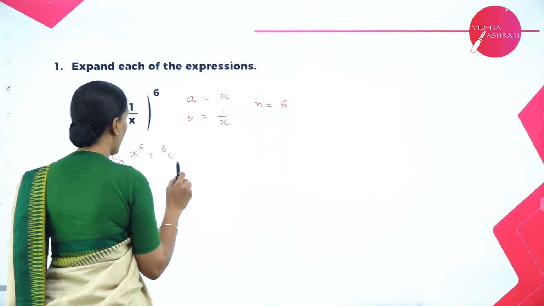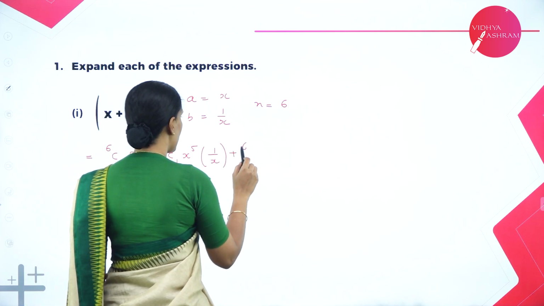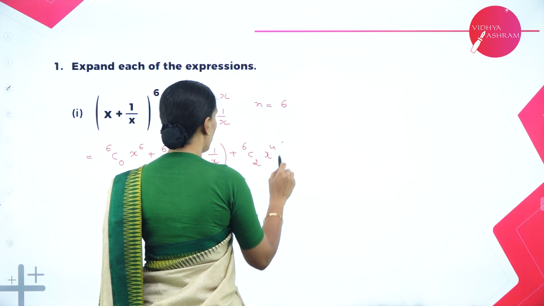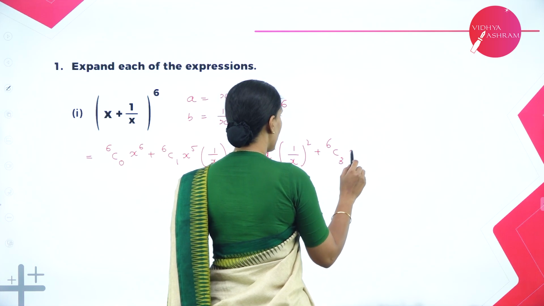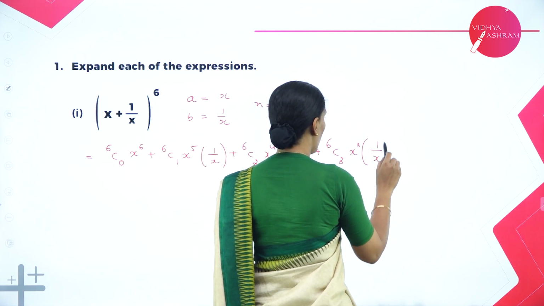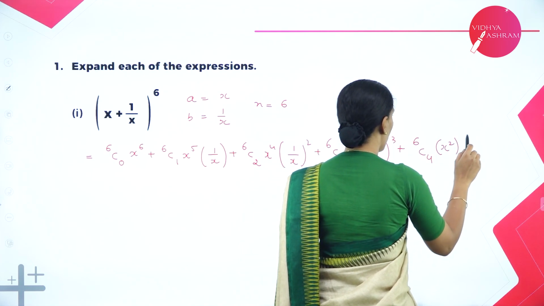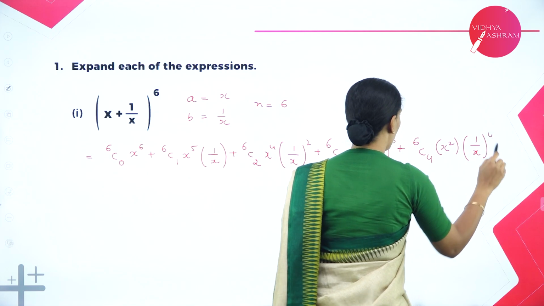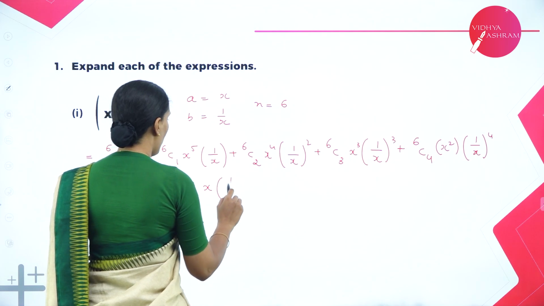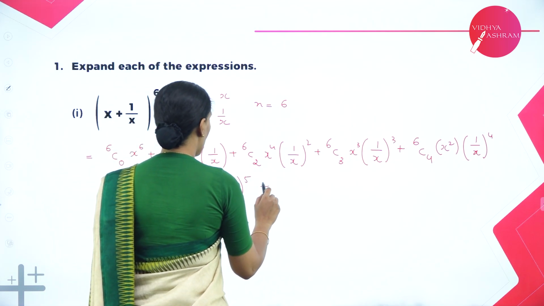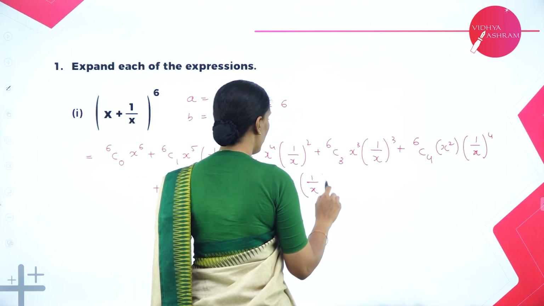Next, 6C1 x power 5 times 1 by x. 6C2 x power 4 times (1 by x) whole square. 6C3 x cube times (1 by x) whole cube. 6C4 x square times (1 by x) whole power 4. Next we have 6C5 x times (1 by x) whole power 5. The last one, 6C6, there is no x, so (1 by x) whole power 6.